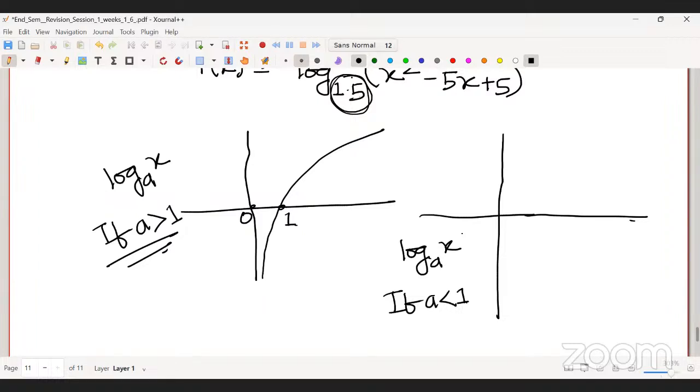In what sense? So you are saying this will be what? What will be the graph? First tell me. You are saying this one.